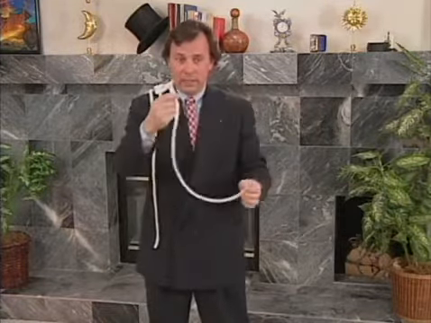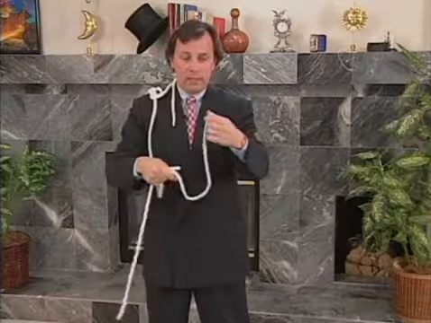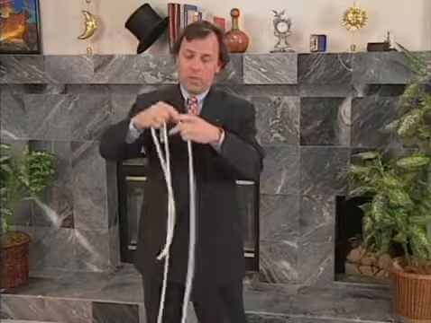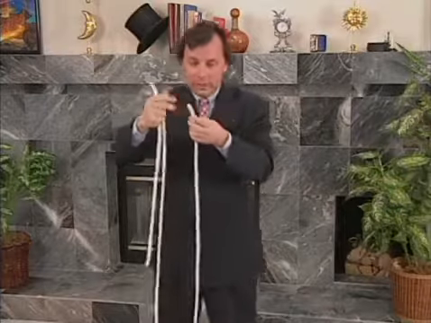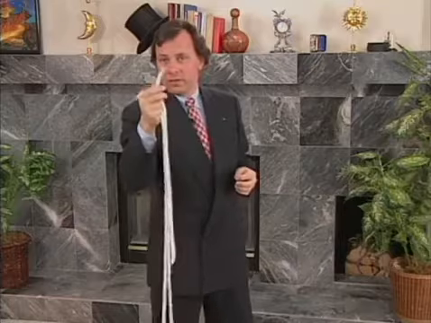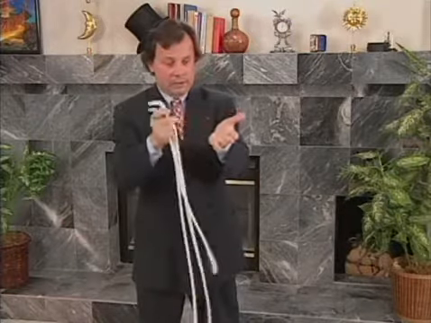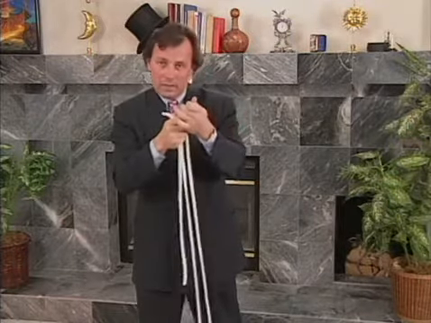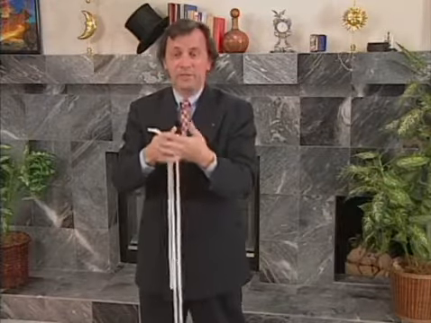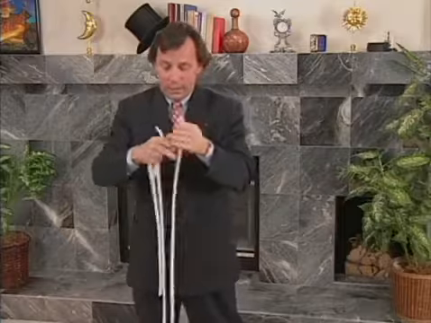Yes, here and here and here and here. Okay? Glue. And after the glue, it's very hard. And when the ends of the rope are like this, you can feel the ends of the rope very well because it's hard.